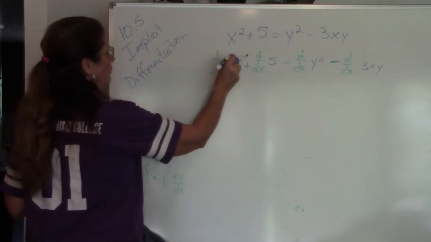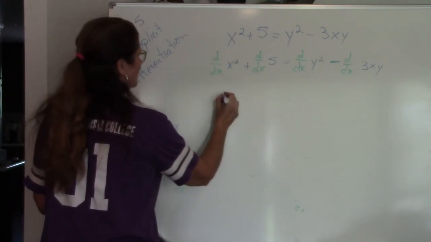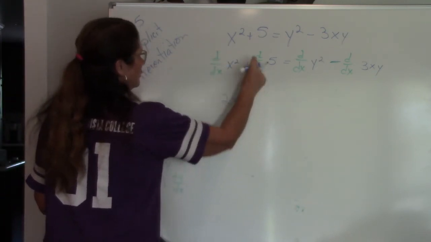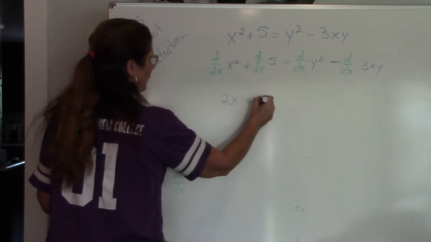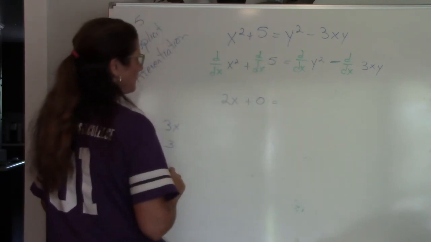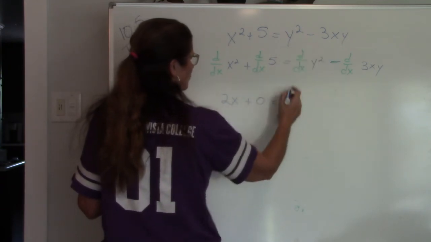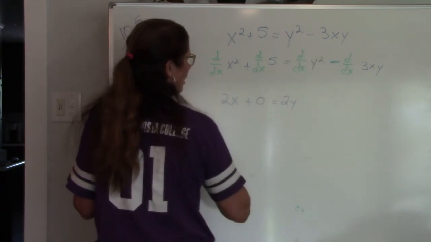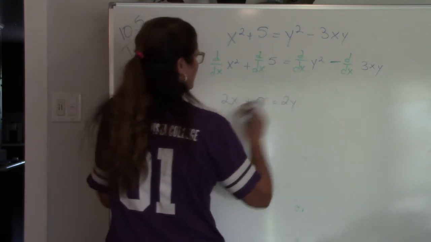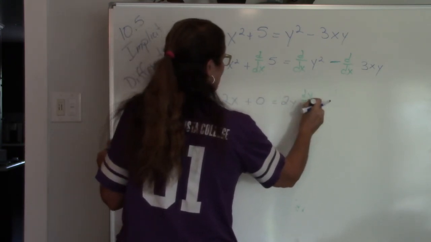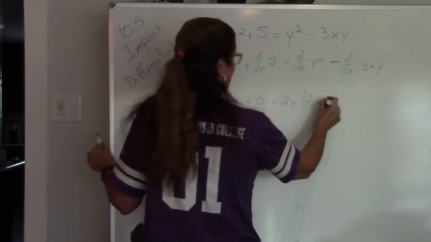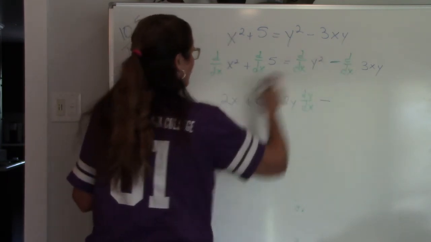So the derivative of x squared in terms of x is 2x. The derivative of 5 in terms of x is 0. It's a constant. The derivative of y squared in terms of x, so we need to use the chain rule. We peel that 2 off, and then we end up with 2y dy dx minus, okay, so here's our product rule.